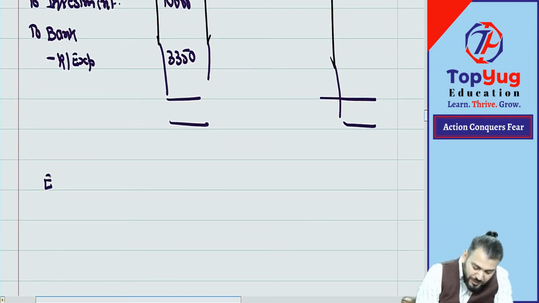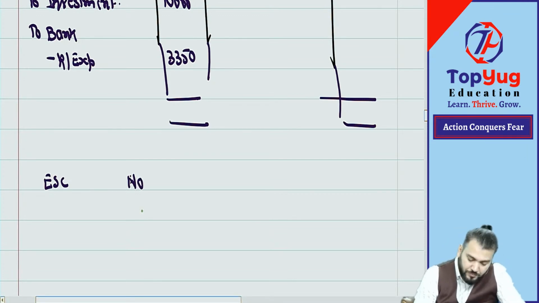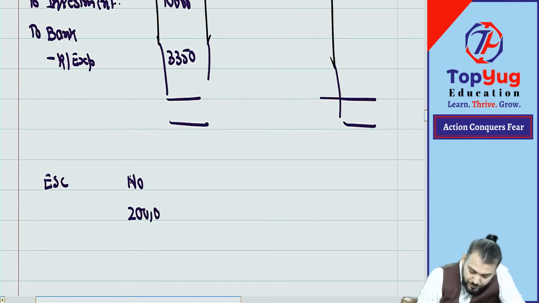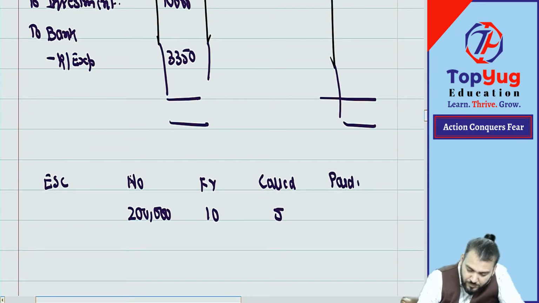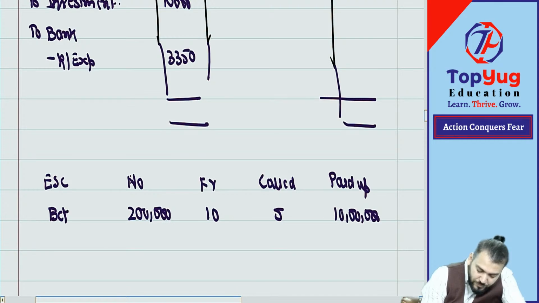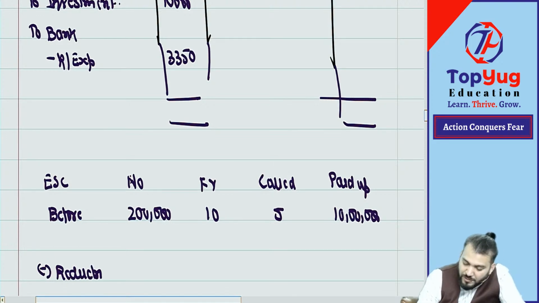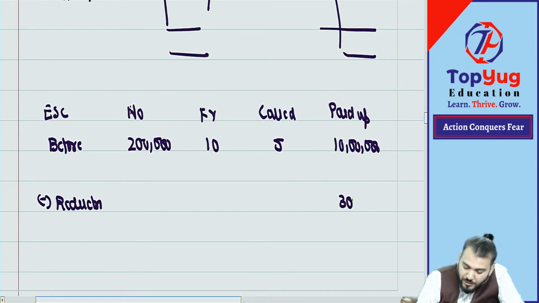Now, if you think about equity share capital, what is the number of equity shares given in the balance sheet? 2 lakh. What is the face value given? What is the called up value given? And what is the total paid up capital? 10 lakh. Everyone just try to understand what I am saying. This is before reconstruction. Now we have understood how much reduction is required. 3 lakh.